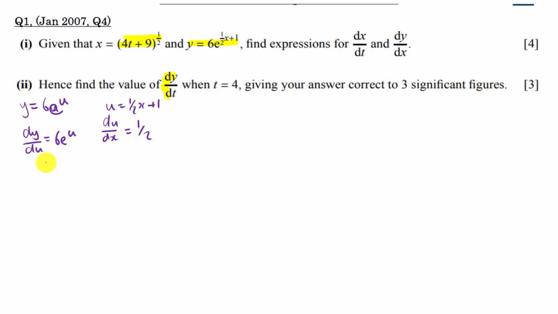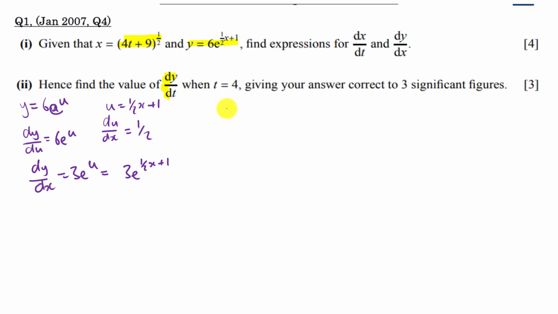Okay, and then dy dx is going to be these two multiplied together because of the chain rule. So that's just going to be 3e to the u, sub u back in, that's going to be 3e to the half x plus 1.